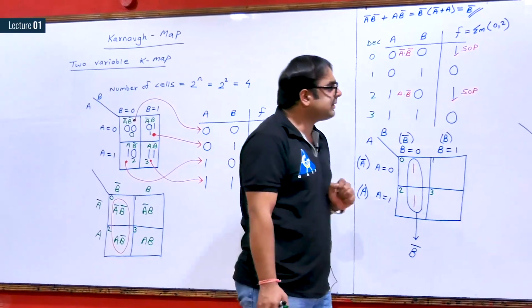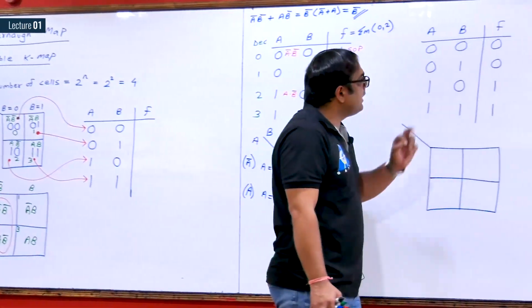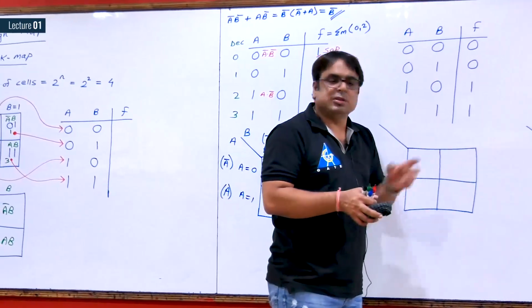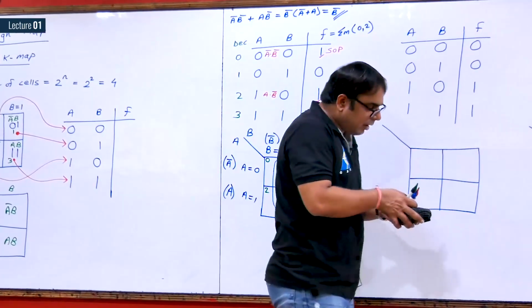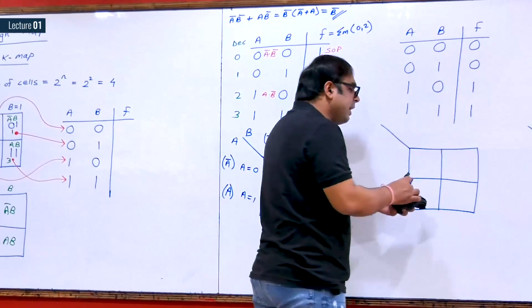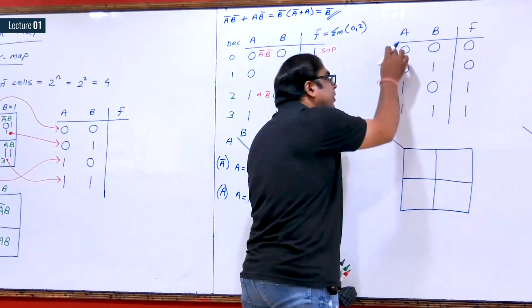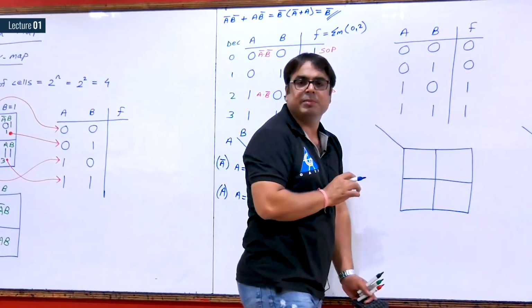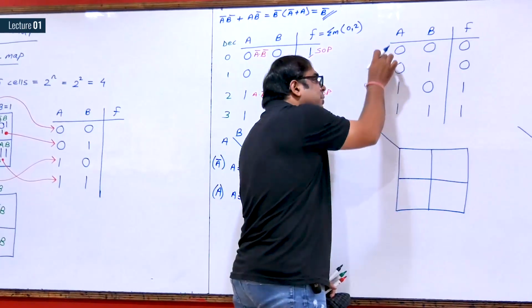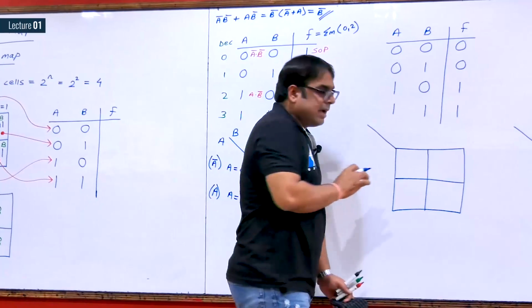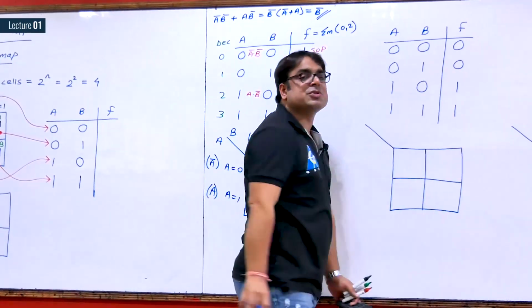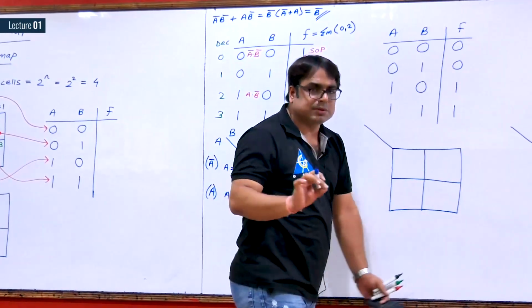Let us try another function. See this one. Again there are 4 cells. Each cell corresponds to a combination of A and B, that means each row of the truth table.